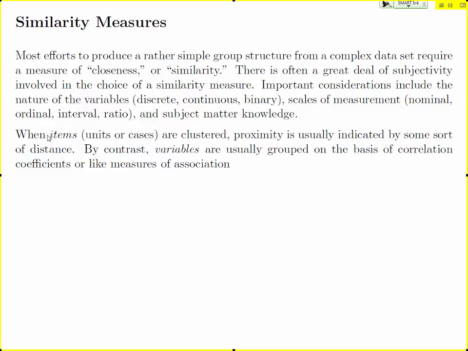One way to ask that would be: among the individuals, the rows, are there natural groupings where they look similar? That's like asking, can we cluster the individuals or the rows? We might also be interested in clustering the columns, which would be the variables. Do the variables that I'm measuring group together in some sensible way?